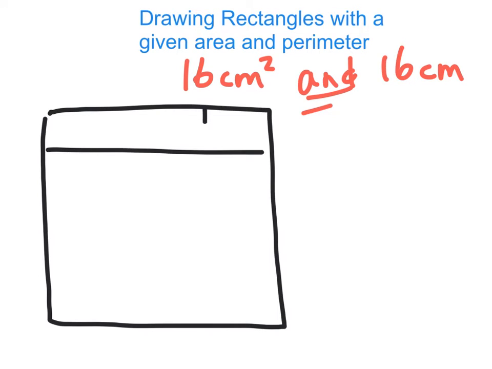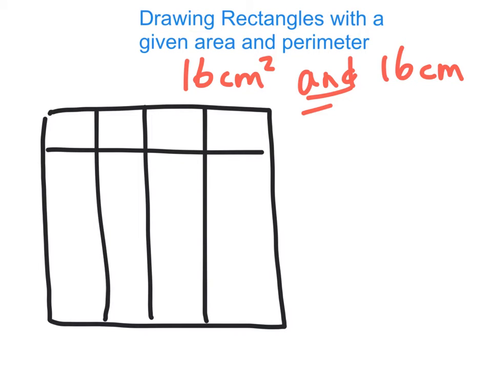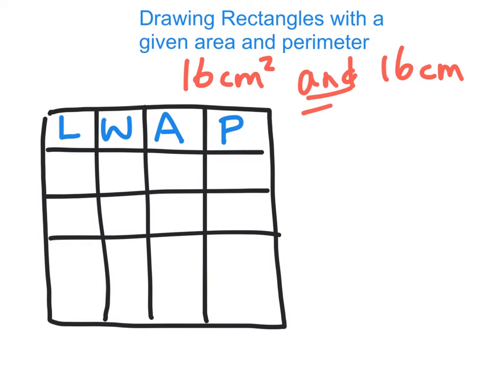And our table should have 4 columns. And we're going to label our columns length, width, area, and perimeter. Excellent. Now we have some different options. Okay, so we want to find 16 centimeters squared. That's what we want for our area. So I'm going to write that in, 16 centimeters squared.